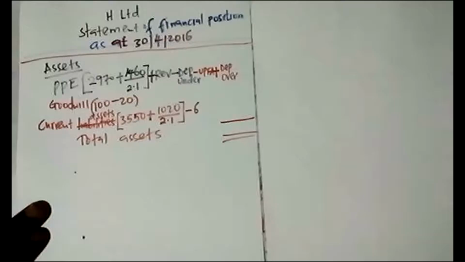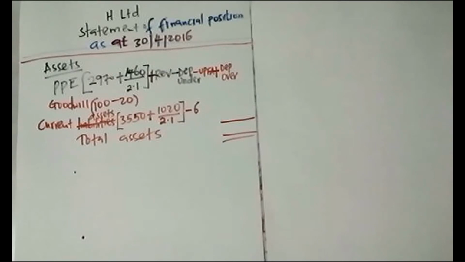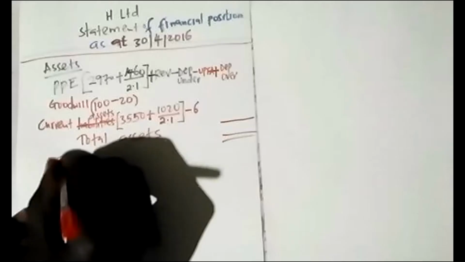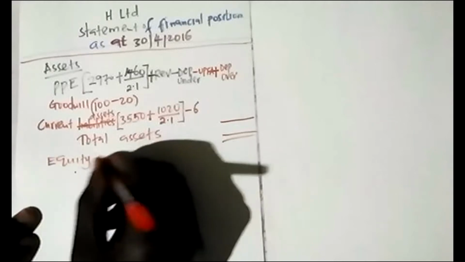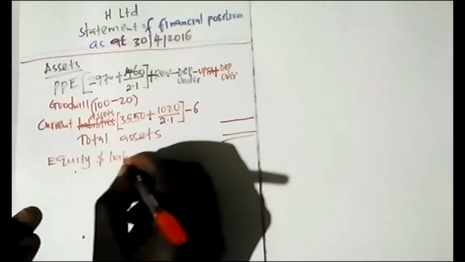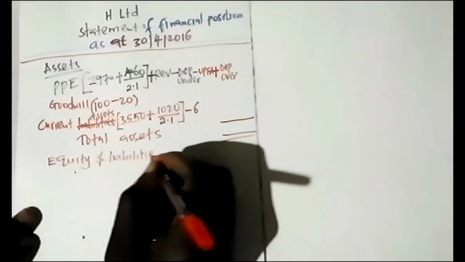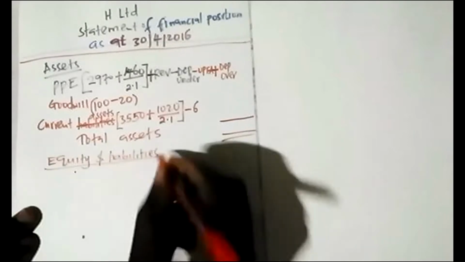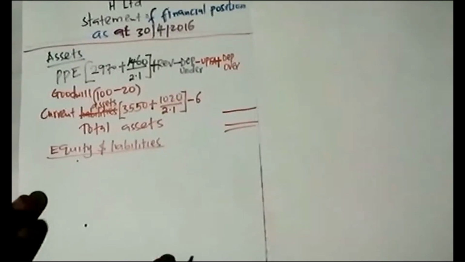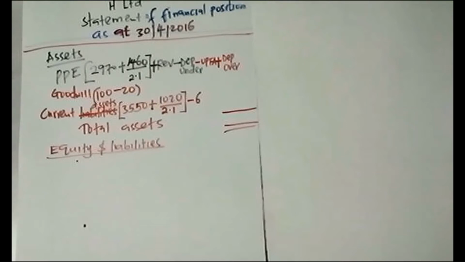So we talk about total assets. After that, we move now to equity and liabilities. Under equity and liabilities, for the ordinary share capital, very simple and direct.